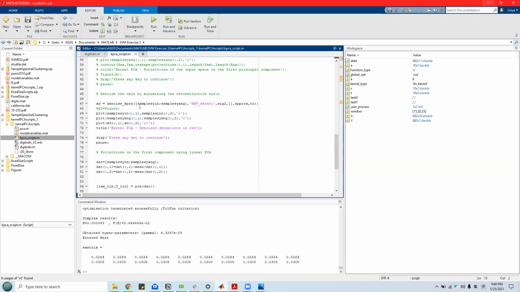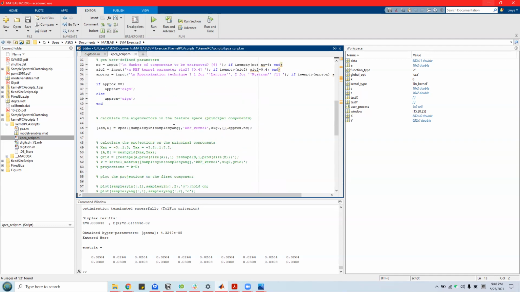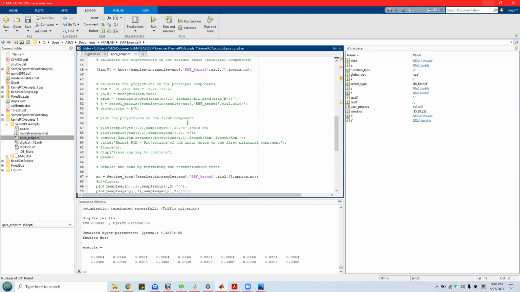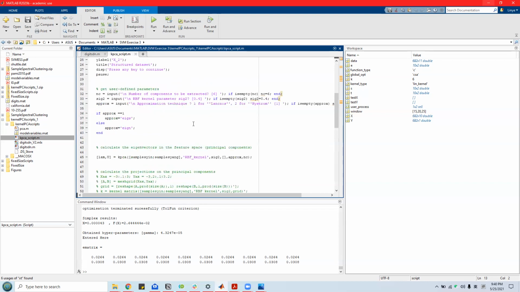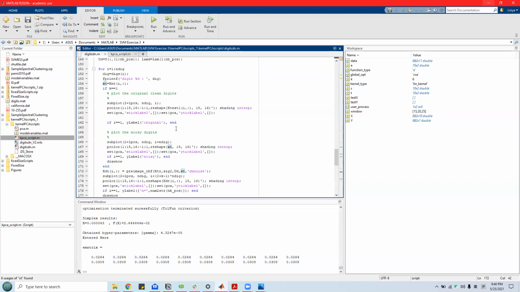This is denoise KPCA, and they use sample yin and yang to calculate the eigenvalues and the eigenvectors. Yeah, that's true, though that's kind of a question mark here.